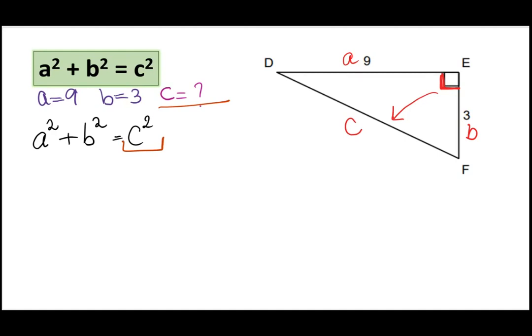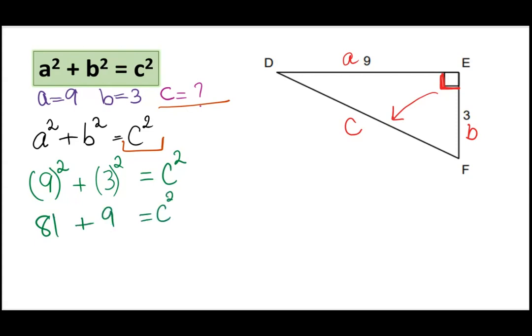All we do is plug in the numbers and calculate c. So 9 squared plus 3 squared equals c squared. So we have 81 plus 9 equals c squared. Now that is 90 equals c squared.